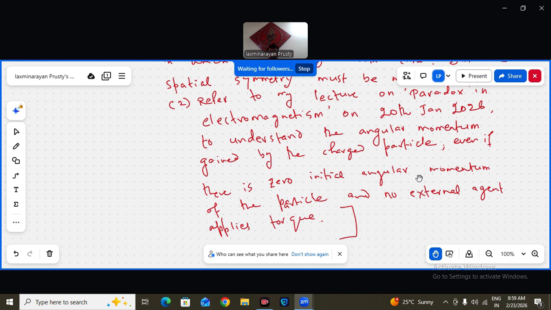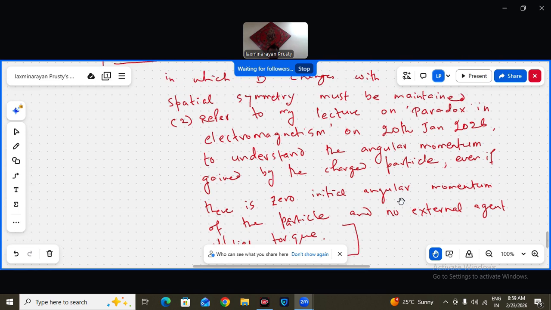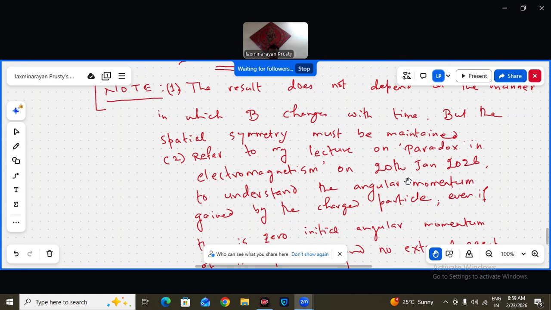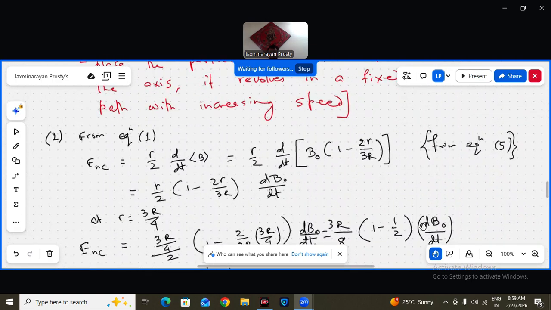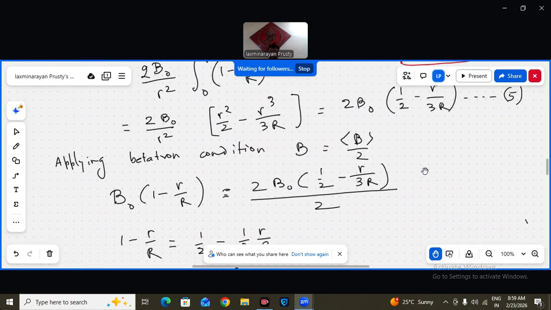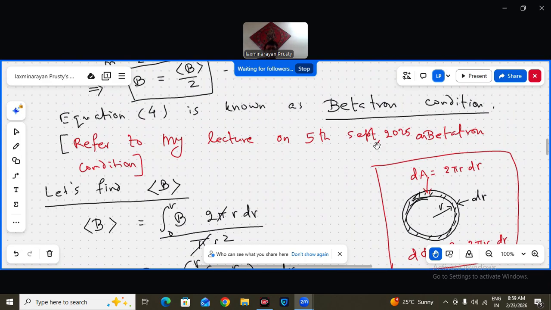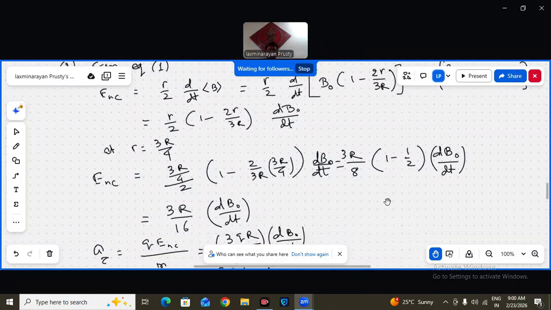So even if it started with zero angular momentum and I am not physically rotating this, no external mechanical torque I am applying, still it is getting angular momentum. So this angular momentum is stored in the electromagnetic field, and you will get an insight from my discussion on the paradox in electromagnetism on 20th January 2026. And the Betatron condition I have discussed on 5th September 2025. Okay. So this is a very important point.